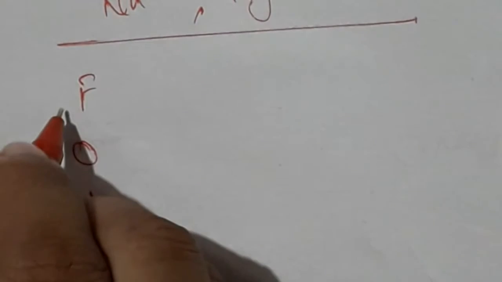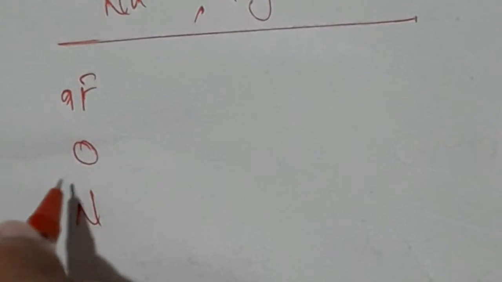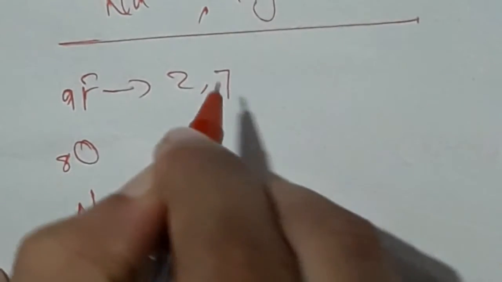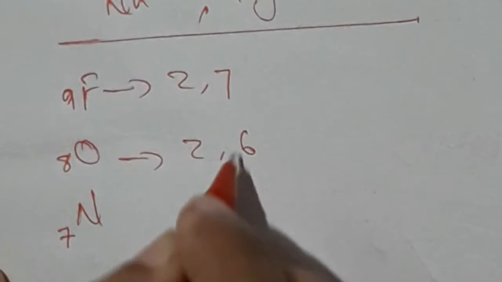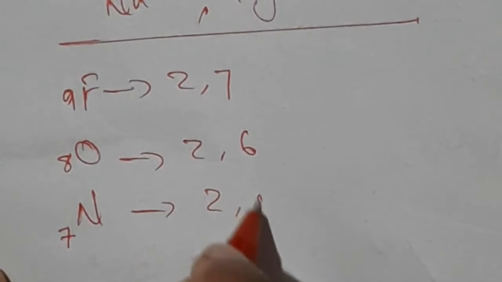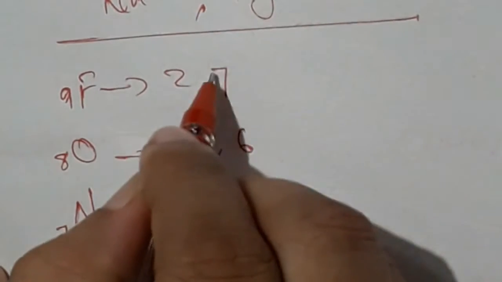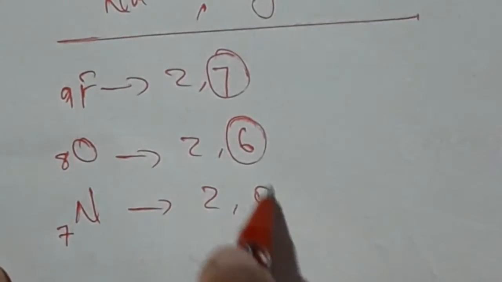Fluorine atomic number 9, oxygen atomic number 8, nitrogen atomic number 7. So the electronic structures are 2,7, 2,6 and 2,5. The outer shell has 7, 6 and 5 electrons.